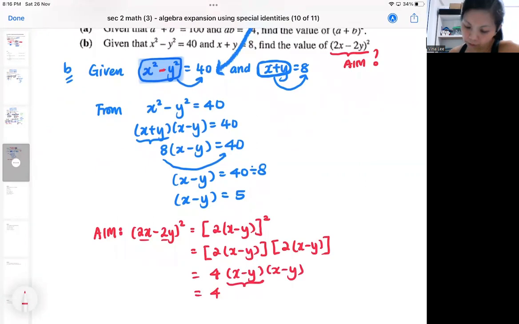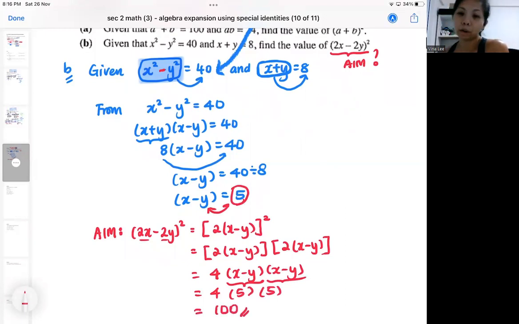So this is a 5. This is also a 5. So I actually get my answer by using formula number 3, but in a very, very indirect manner.